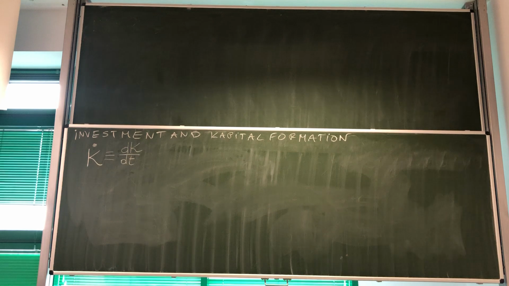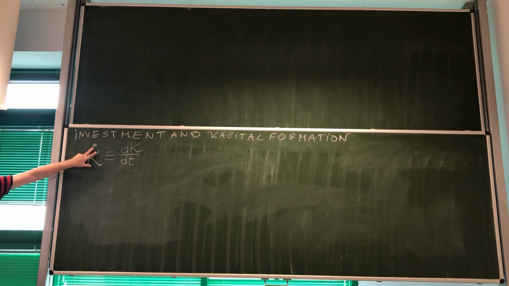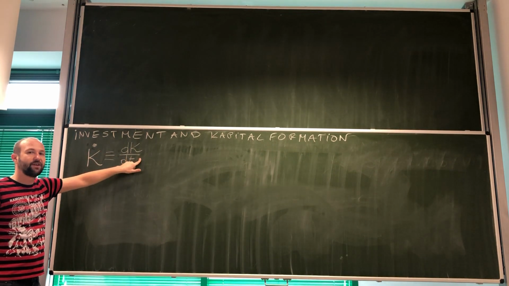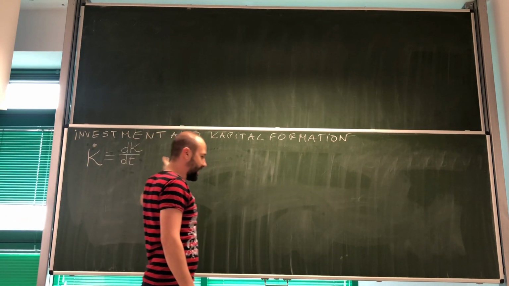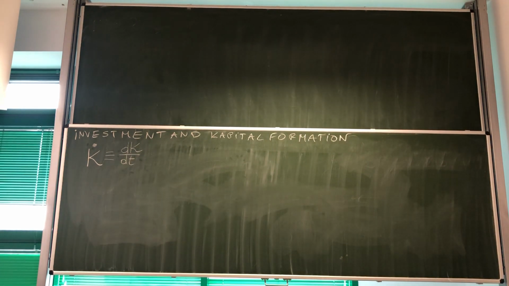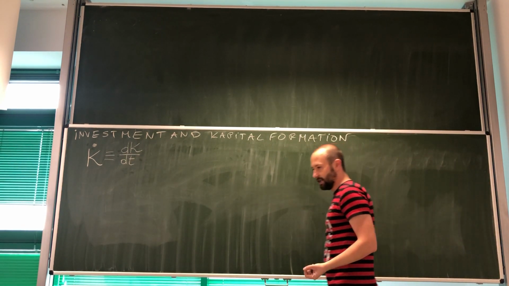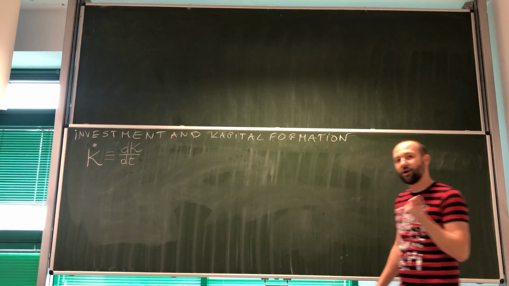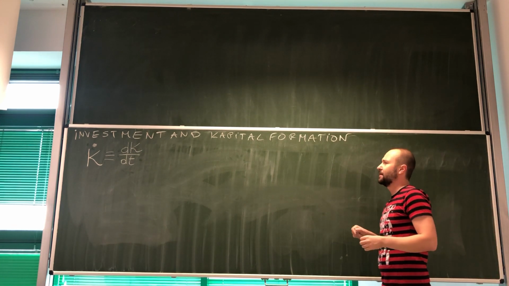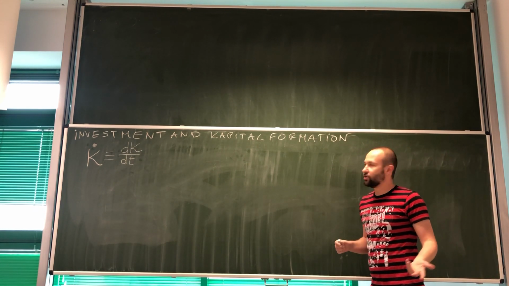So every time a dot is there, it's implied we take this variable and differentiate it with respect to time. So if I differentiate capital with respect to time, I'm getting information. This information is telling me by how much the level of capital in the economy, because we are talking about macro now, has changed.